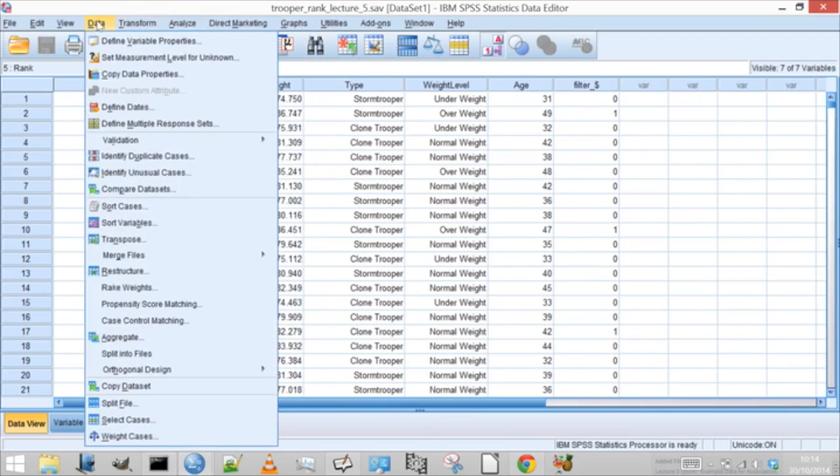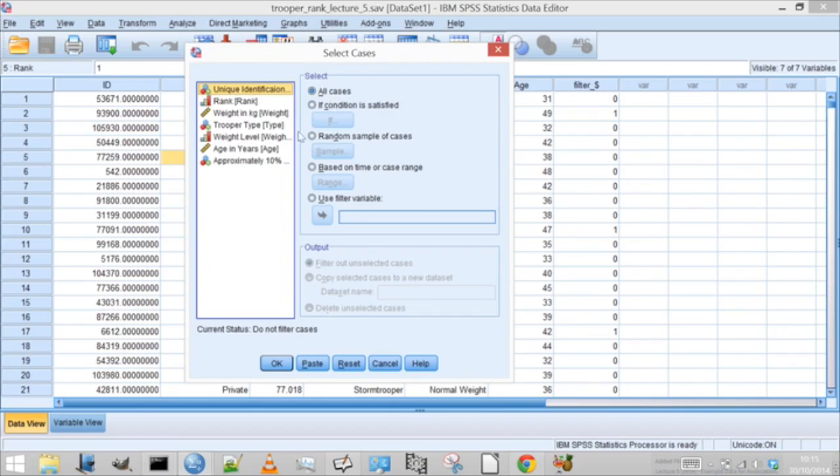So if we go to the data menu, and if you remember, there is, can someone remind me where it is? So, excellent, I'm glad someone listens in this course. I forget. Select cases, excellent. So under select cases, random sample of cases.